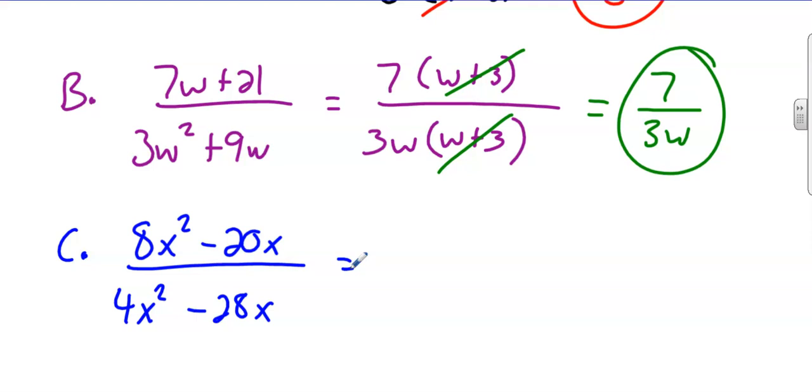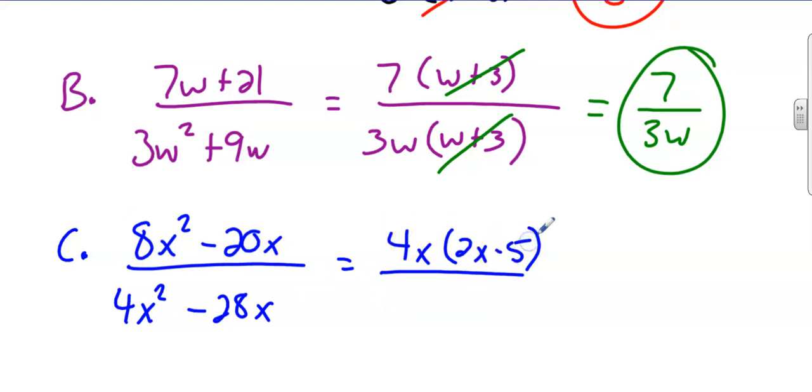Okay, 8 and 28. 4. I mean, 2 would go, but 4 goes in both. 8 won't go into 20, so 4 is the max we can do on the top part. You do have x squared and x, so you can take out an x. Dividing it by 4, you're going to be left with a 2 and an x on the first one, and then 20 divided by 4 would be 5.